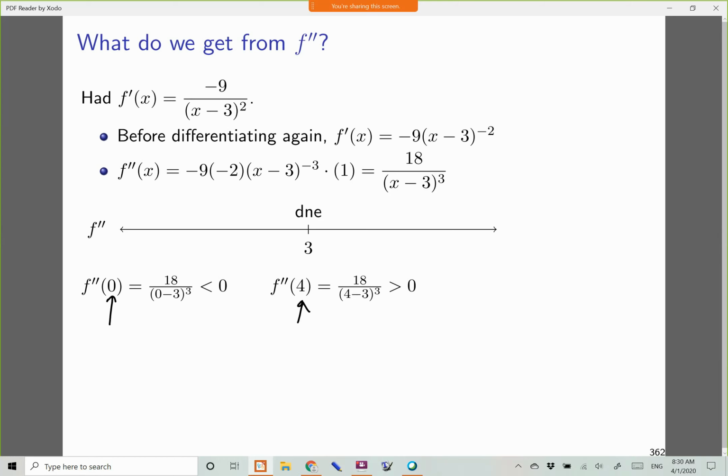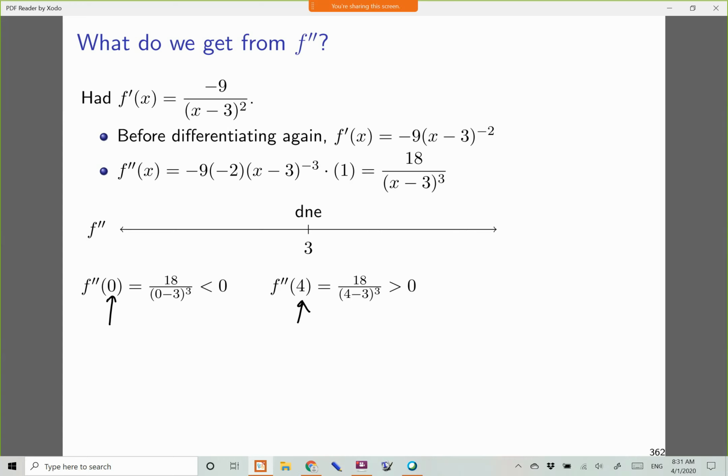I happen to pick a 4 and plug that into really either version of f double prime. So I just use that version of f double prime. And be careful. Last time our argument was the denominator was always positive because the exponent was a 2, but now the exponent is a 3, so you got to be a little careful. I got confused because I made a mistake as I was trying to design the slides.